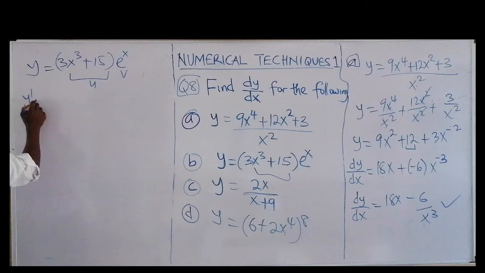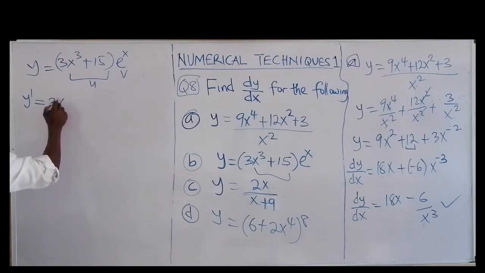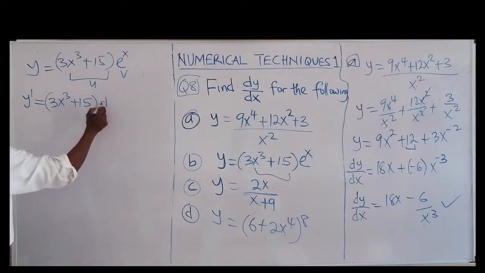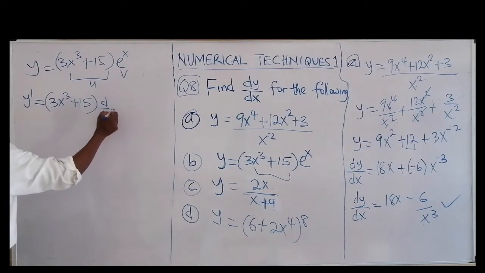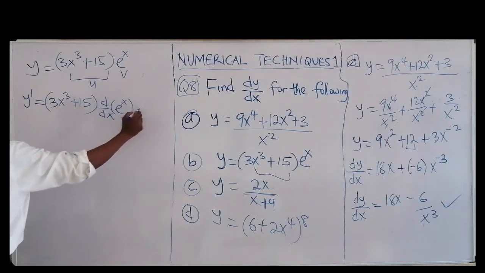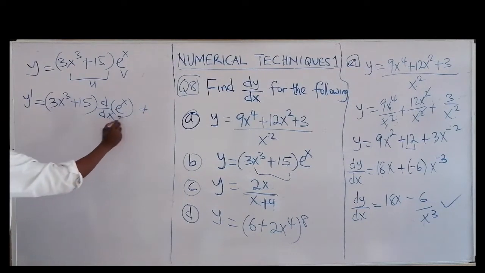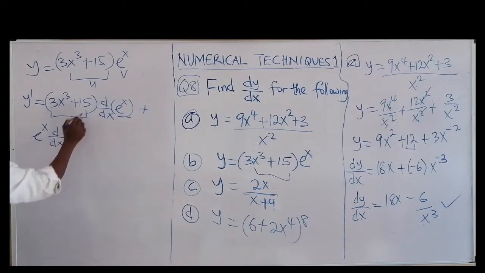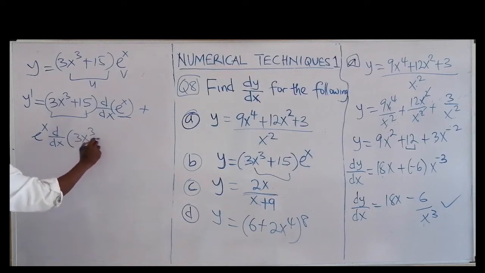So your dy/dx, your differential coefficient: take this first one, keep it constant, differentiate the second item, then plus the one you are differentiating here, keep it constant, and differentiate the one you kept constant here, 3x cubed plus 15.